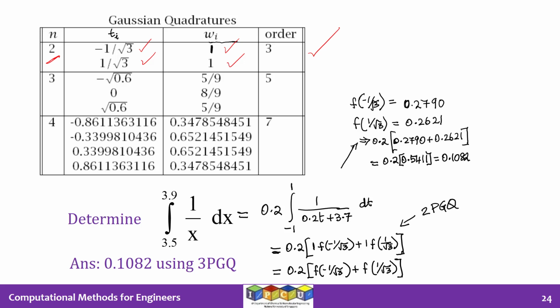Now, if I wanted to have 3 terms on the right hand side, that means the integral from minus 1 to 1 f of t dt, I wanted to express it as w1 f of t1 plus w2 f of t2 plus w3 f of t3. So I would need 6 clues to find out w1, t1, w2, t2 and w3, t3.